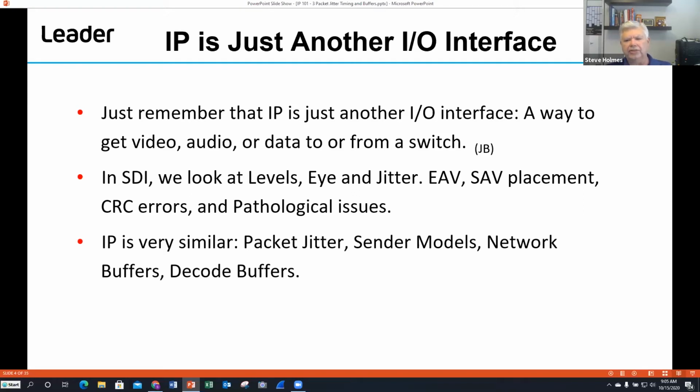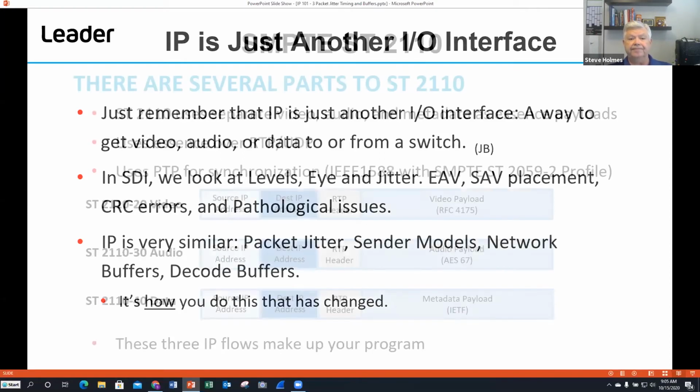We're going to look at sender models, which is part of the jitter part. Network buffers, that's more in line with looking at jitter in SDI and how decode buffers deal with all of this. So it's all the same types of things, it's just how we do this that has changed.